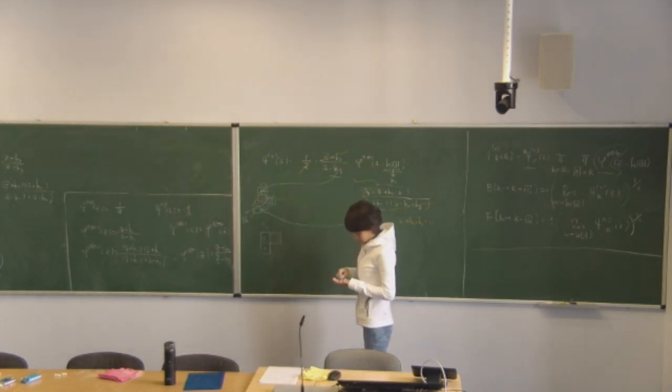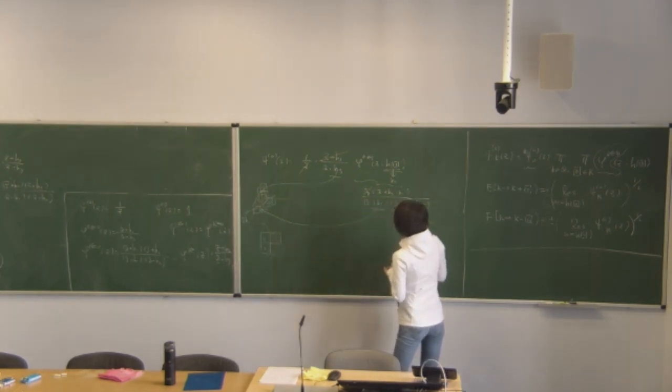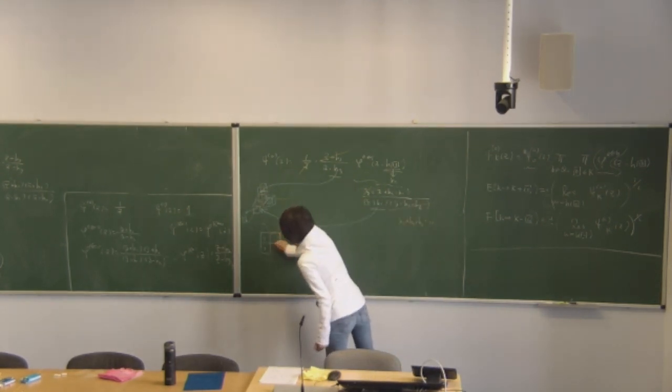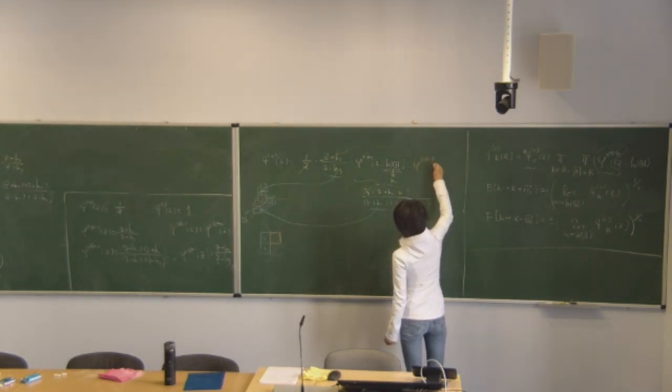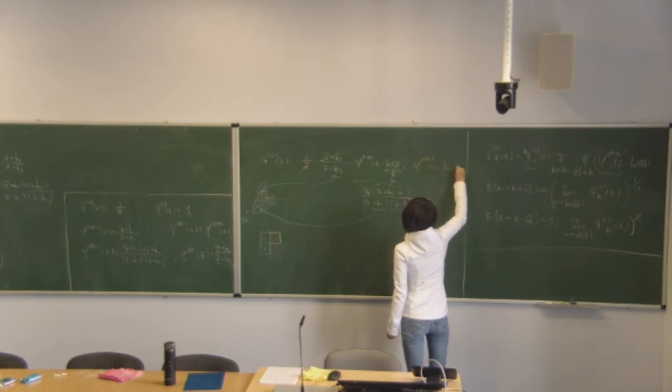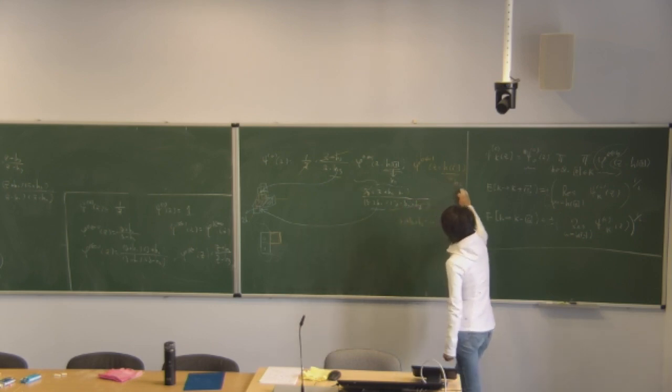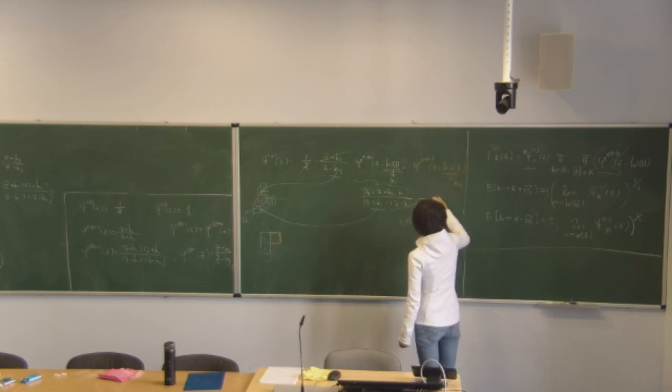So this new one gives us the contribution here. This is the pole with a weight H2. So this will have a Z.